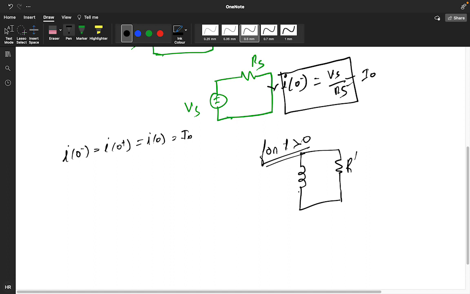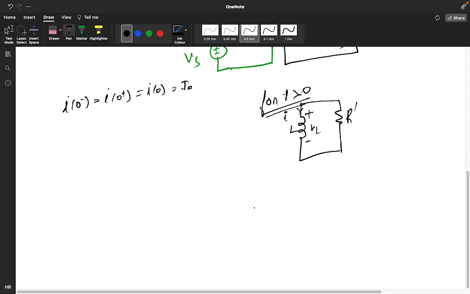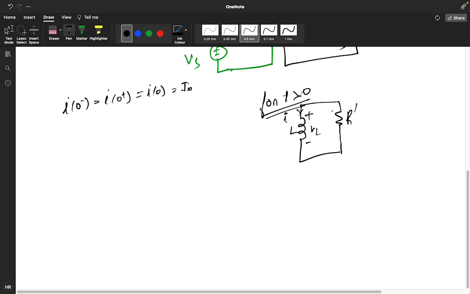This is my RL network, and this was my positive negative V of L, and I am getting the current I. This is my L. Now if you assume this is your positive negative V of R, what KVL equation will you get, guys?